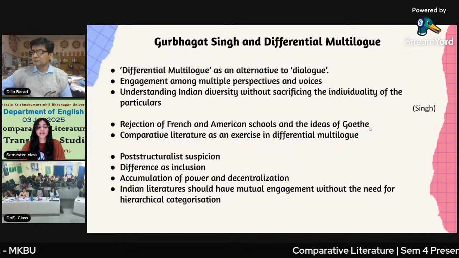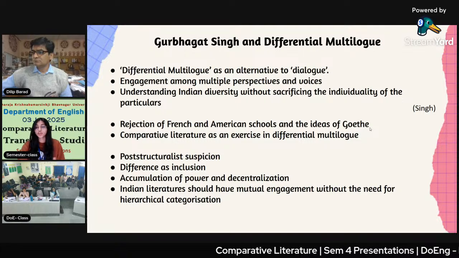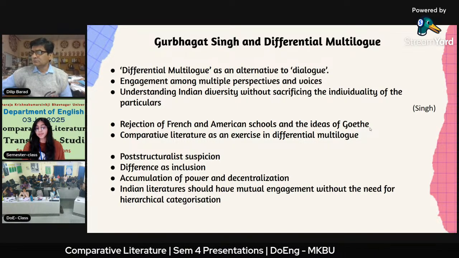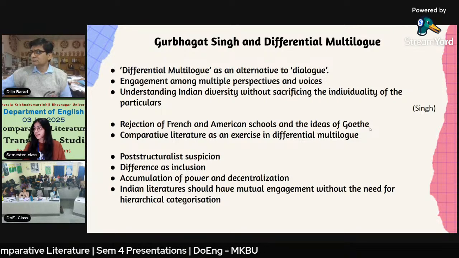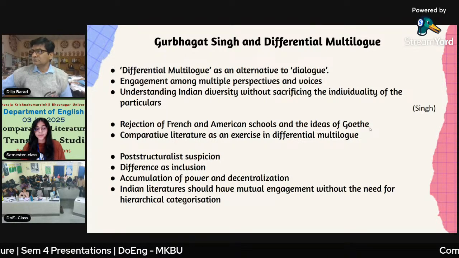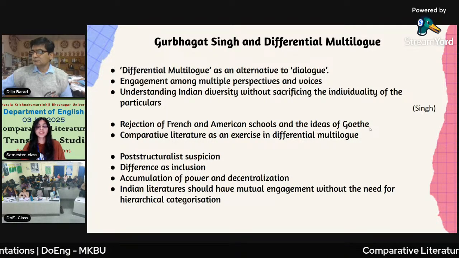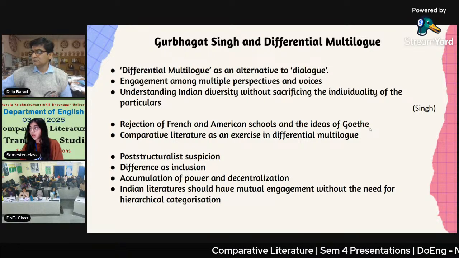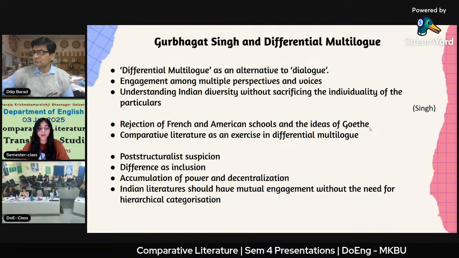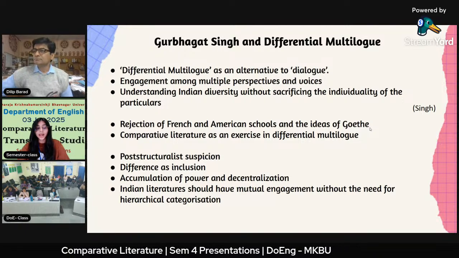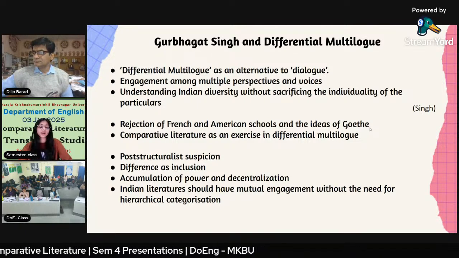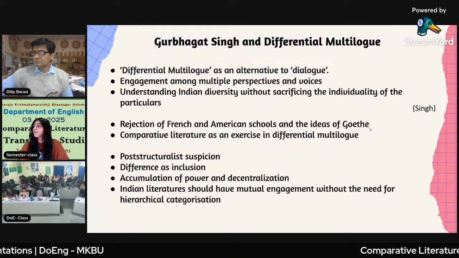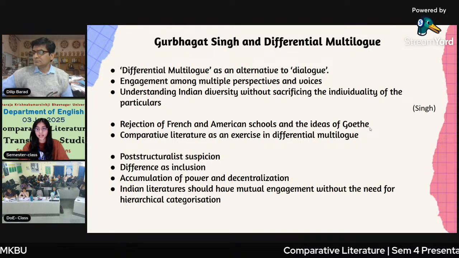Because of this, there can be an accumulation of power, and the answer to this problem is to decentralize power. Here Guru Bhagat Singh gives difference as an inclusive rather than an exclusionary force. We see that this concept aligns with post-structuralism. Guru Bhagat Singh says that Indian literatures should have mutual engagement without the need for hierarchical categorization.